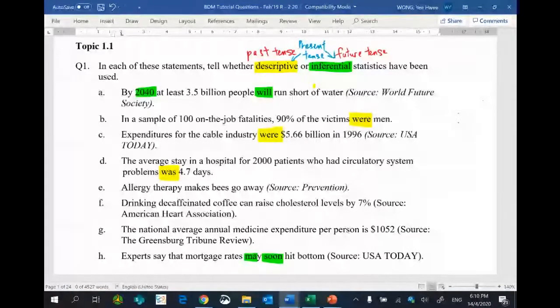So look at G. Past tense, right? Is it descriptive or inferential? Think over that.